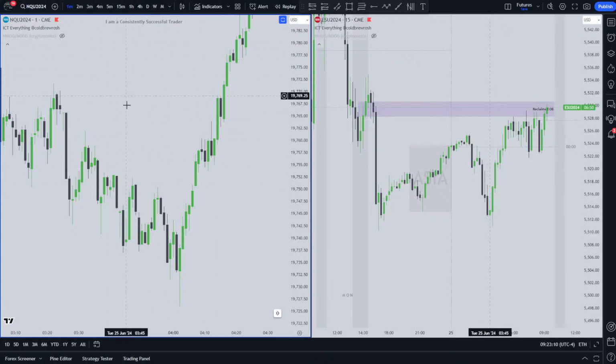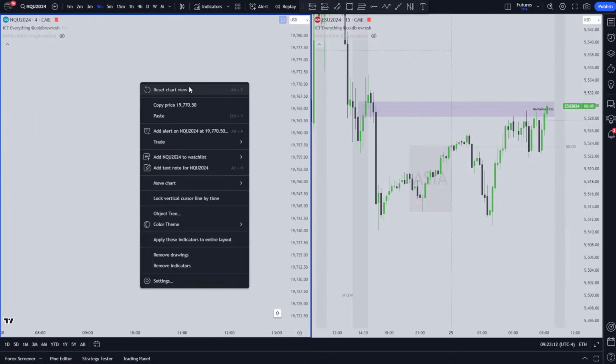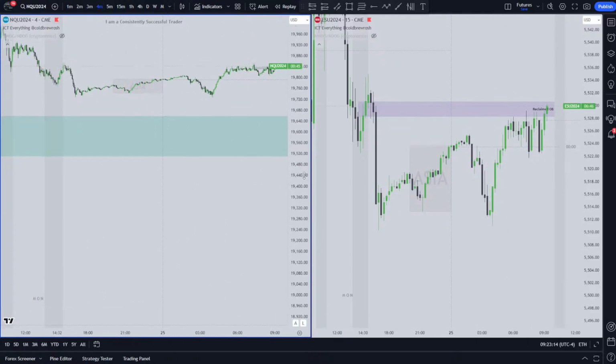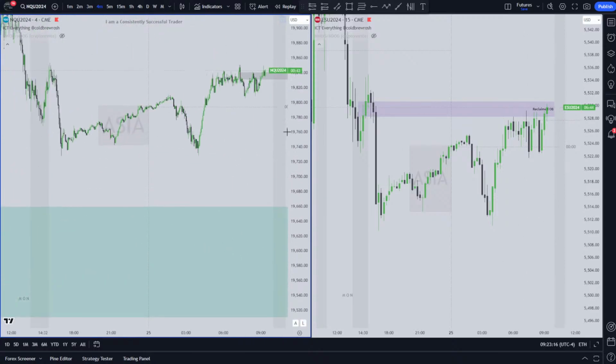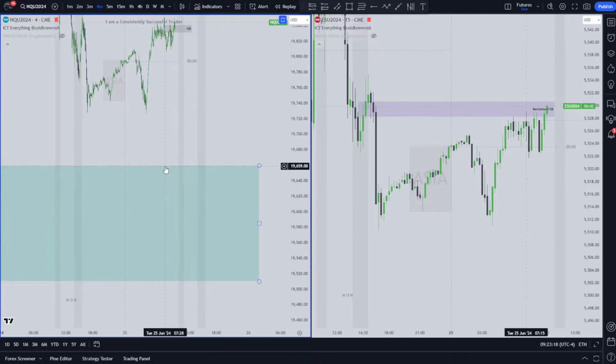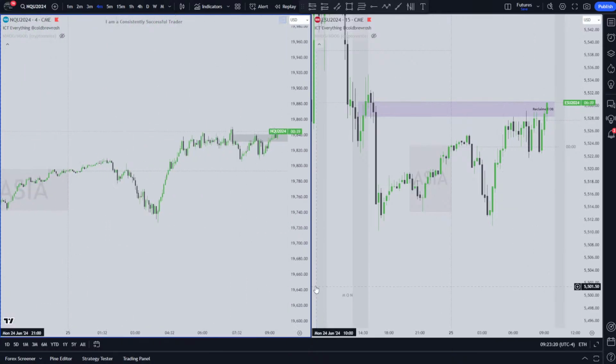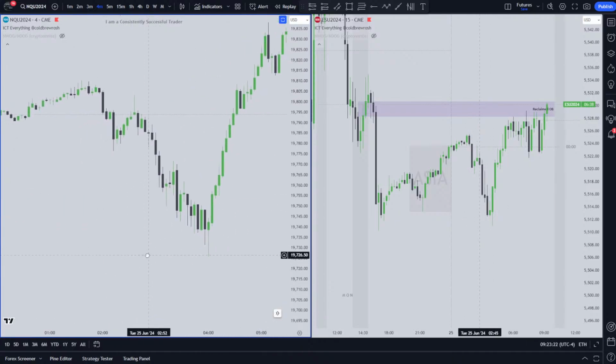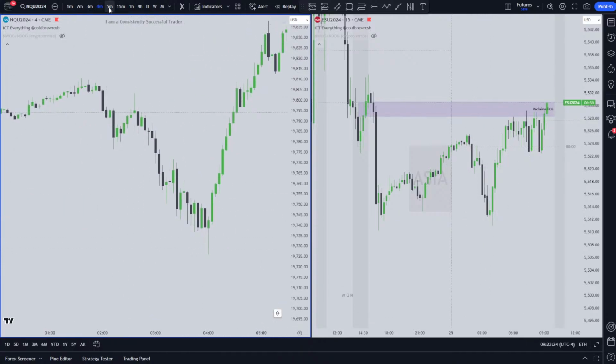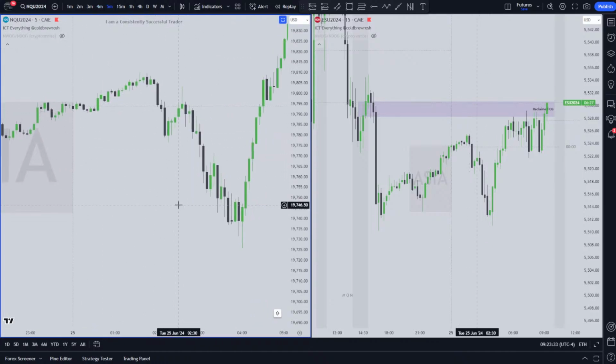Let me refine this and maybe I can actually give a good little lesson on this. What is this? No, maybe the 5 minute is better.